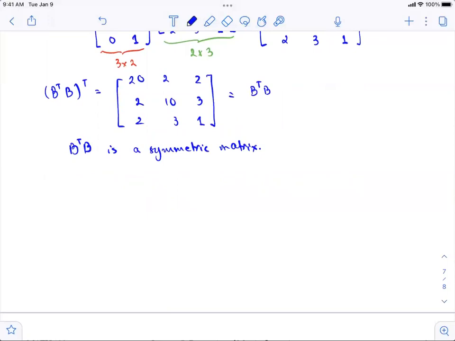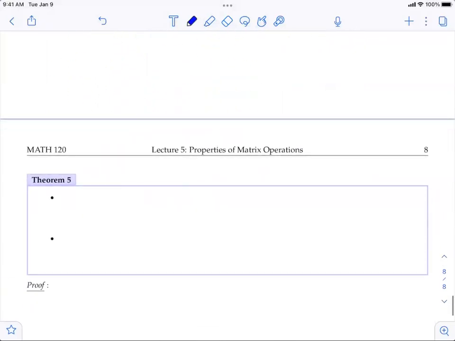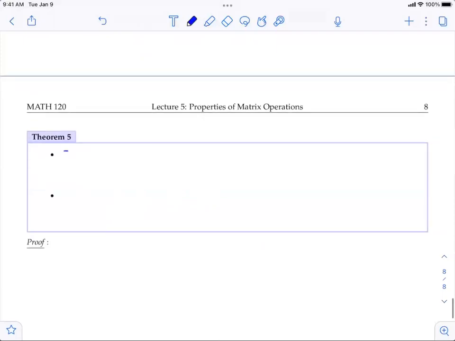Okay, so this led us to a theorem to generalize the two cases that we have in the last example. If A is a square matrix, then A plus A transpose is a symmetric matrix.